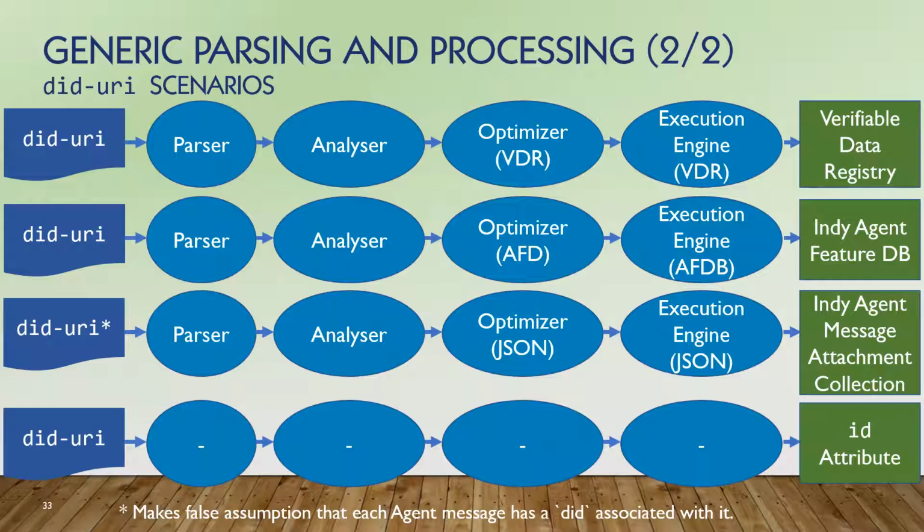Or if it's an ID attribute for just a more generic or arbitrary fragment of the did document, maybe it should be using £. The thesis here is that you should just be using £ all the time when you're talking about the ID value of an attribute. And the semantics is actually implied by the query, by the did-URL you're running against it, and we'll see some examples.